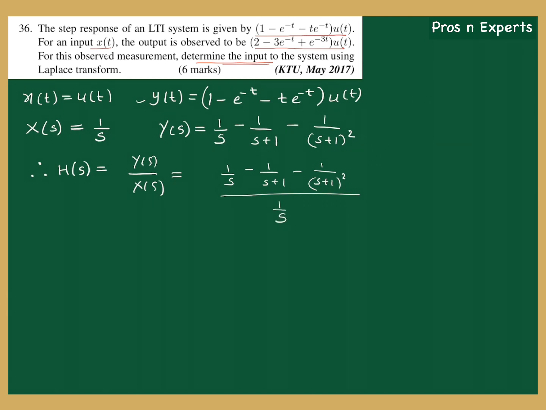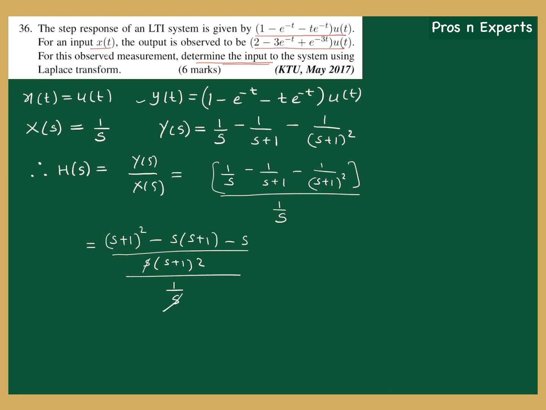This will need a little bit of simplification. Taking the LCM in the numerator, the LCM will be s(s+1)^2. So this will be [(s+1)^2 - s(s+1) - s] divided by s(s+1)^2, divided by the denominator, which is 1 by s.